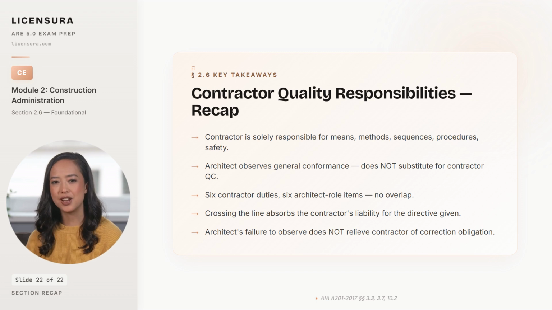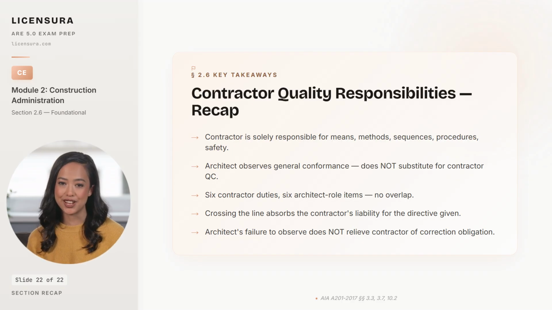5 takeaways that close out the CE foundational module. The contractor is solely responsible for the means, methods, techniques, sequences, procedures, and safety of construction. That is the contractual ceiling, written into AIA A201 sections 3.3, 3.7, and 10.2, and it is the single most heavily tested concept in the CE division.